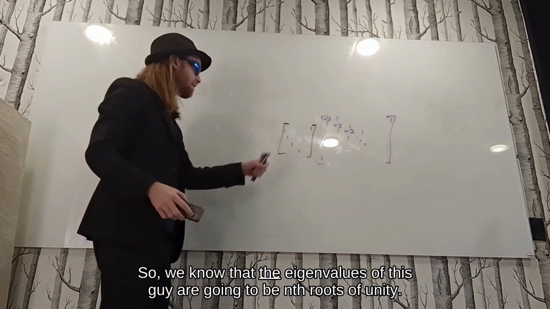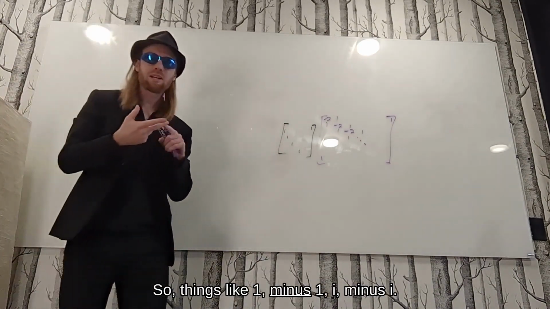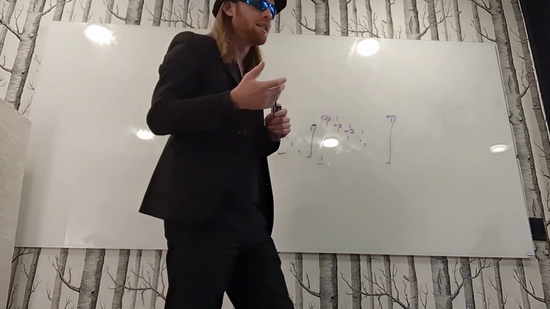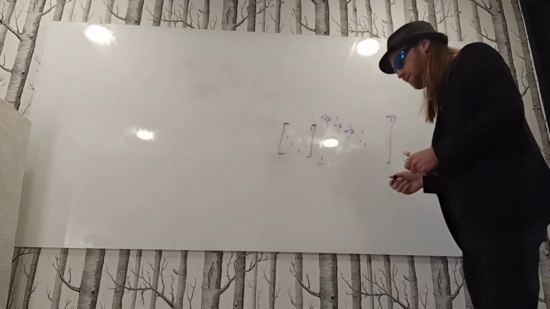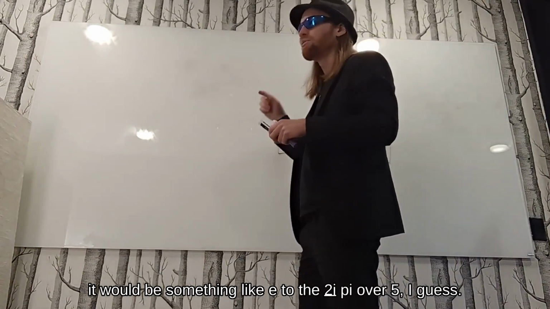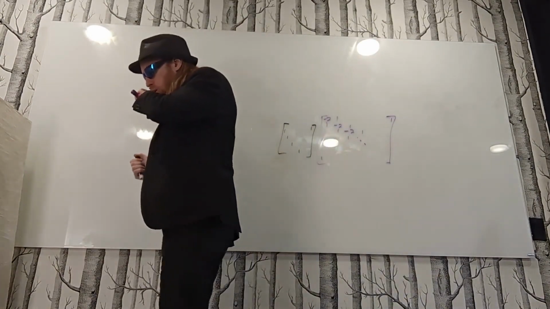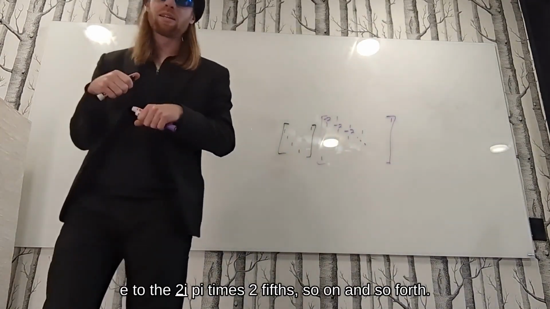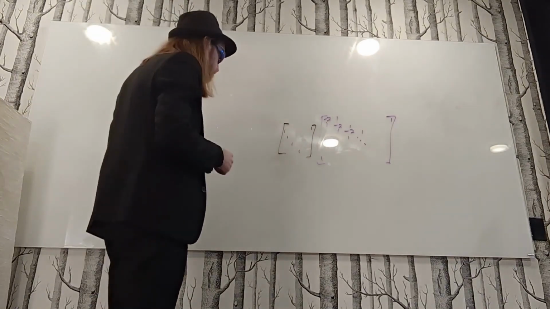So we know that the eigenvalues of this guy are going to be nth roots of unity. So things like 1, -1, i, -i in the case of n equals 4. In the case of n equals 5, it would be something like e to the 2i pi over 5, or e to the 2i pi times 2/5, and so on and so forth.